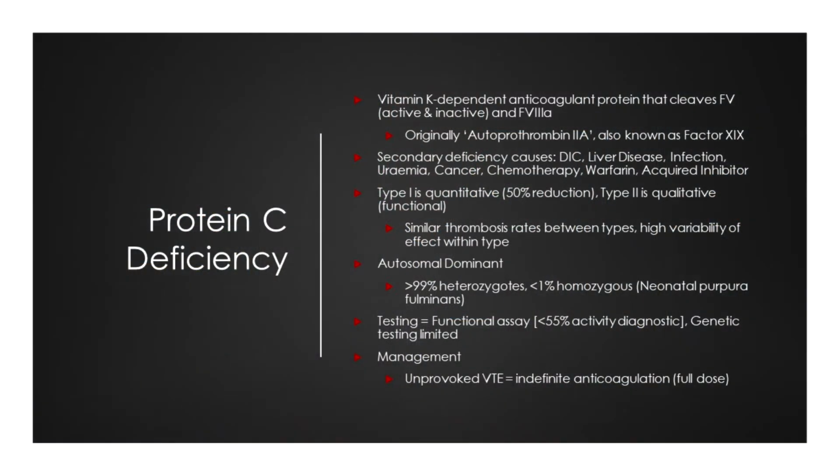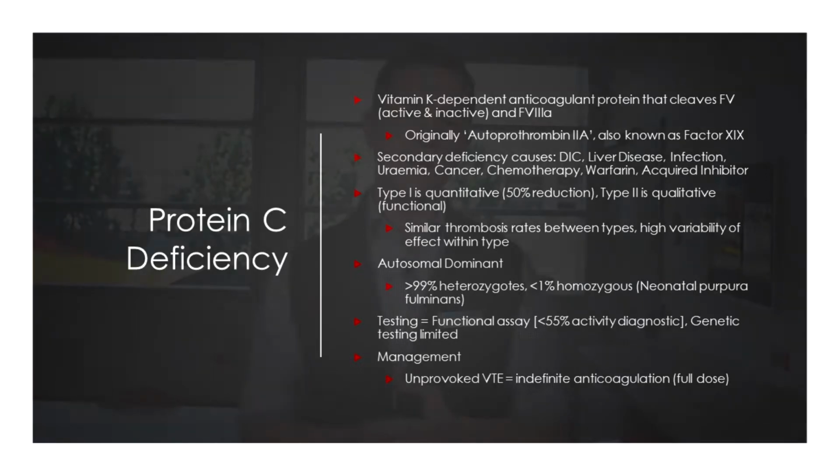It's on the PROC gene, and we would do that where the testing is a little bit unclear, but generally the functional assay is enough. The management would usually be indefinite full dose anticoagulation if you have an unprovoked episode. So this, like protein S, which we'll cover in a second, does influence management and does generally push us towards long-term full dose anticoagulation when there are unprovoked events.